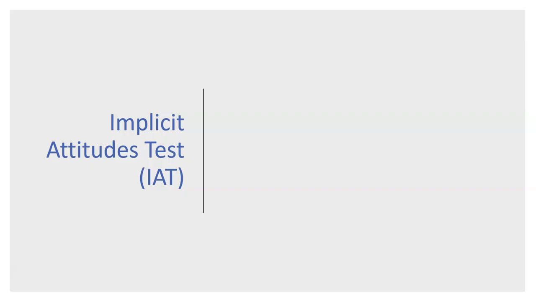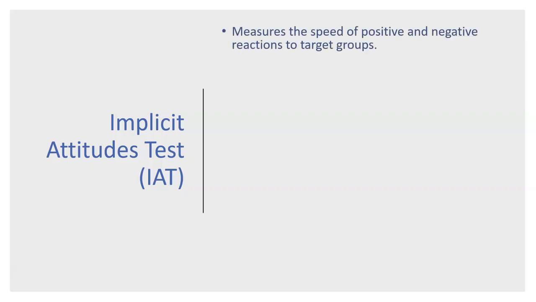And I will say at the outset, there are critics of this test, and they have good reasons for the criticism. So we need to think about what are the limits. What can the IAT test tell us? Because it can tell us some really important things. But also, what can't it tell us? So I'll circle back around to that statement after we lay out what the IAT test does.